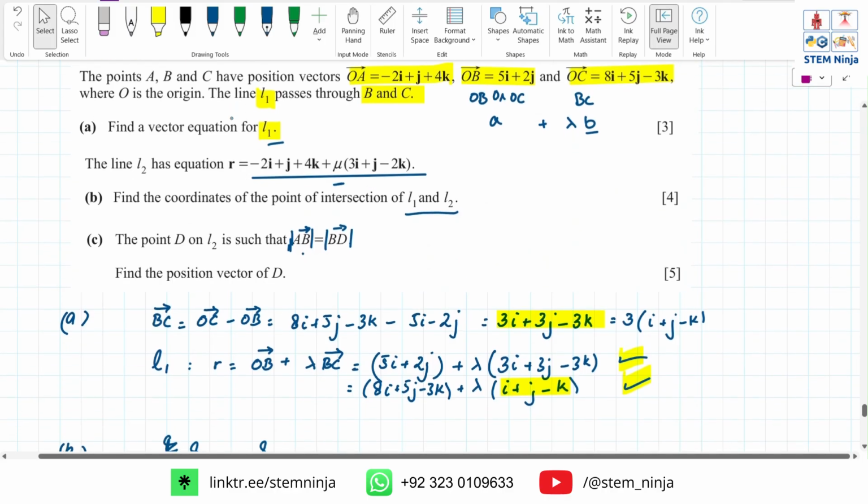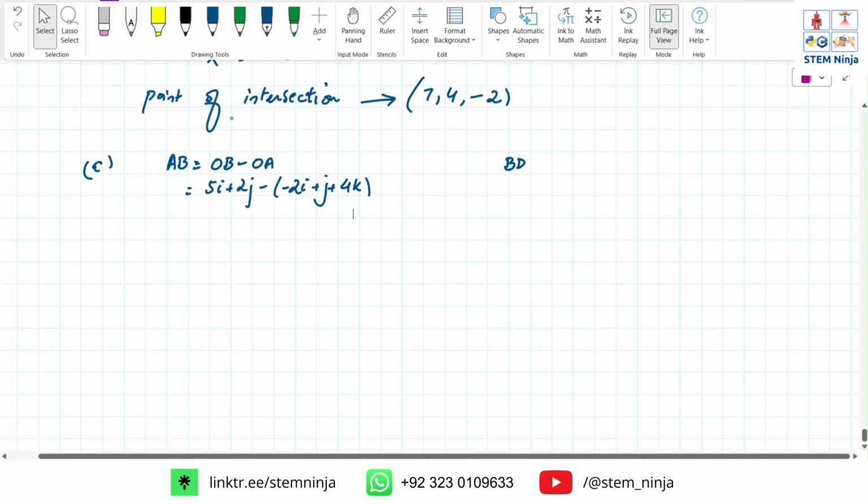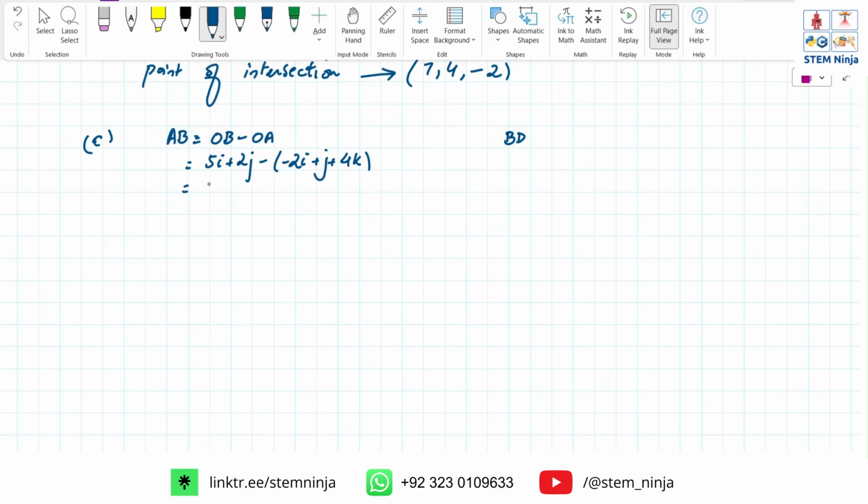So this would be 5I plus 2J plus 2I minus J minus 4K. So this would become 7I plus J minus 4K. So this is our AB.